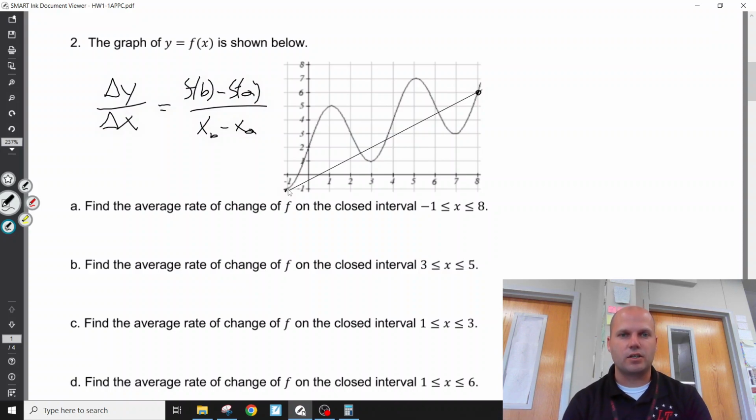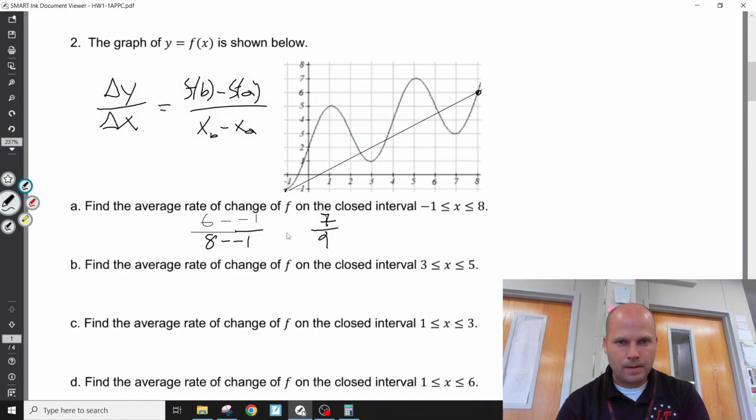It's not necessary to do the calculations. We went up 7 to find that. I ended at 6. I came from -1. I increased a total of 7 over the course of 9 x's. I went up 7 over the course of 9 x's.